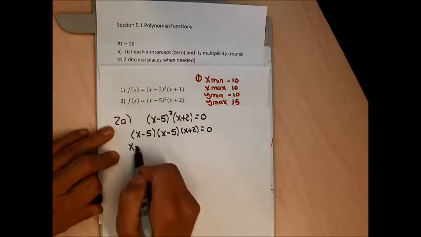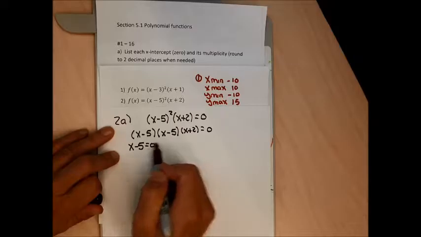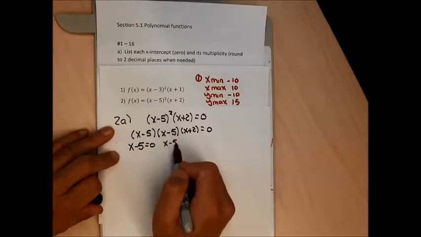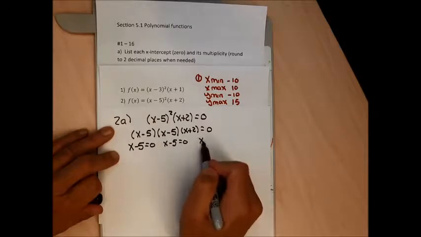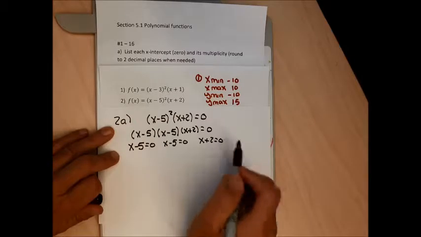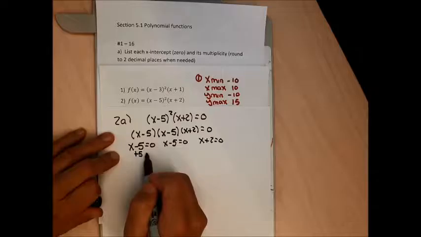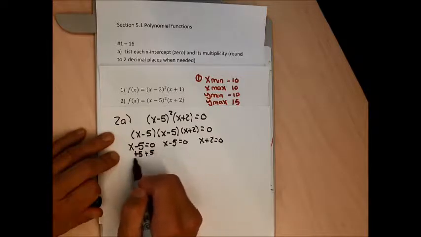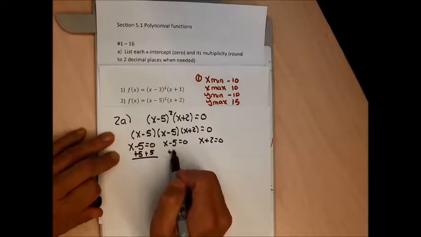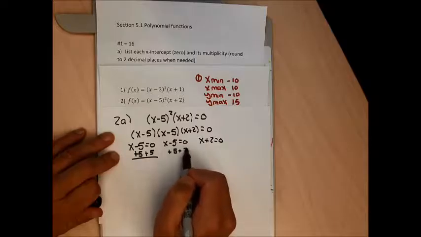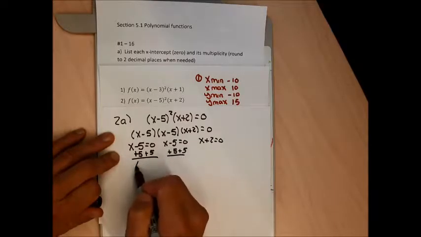I'll go x minus 5 equal to 0, x minus 5 equal to 0, and x plus 2 equal to 0. For the x minus 5s, to get the x-intercept that those generate, I'll add 5 to both sides and get an x-intercept of x equal to 5.